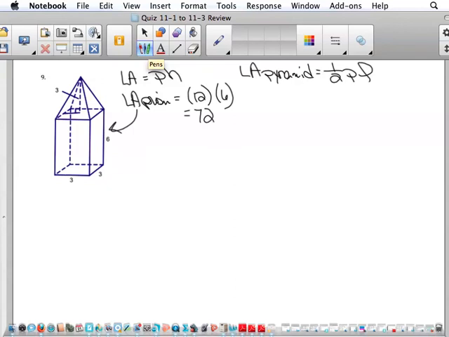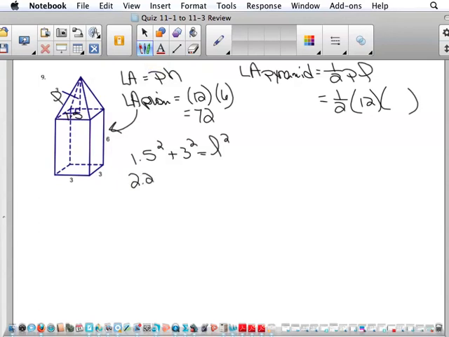Now I will need the lateral area of the pyramid, so that's 1/2 the perimeter, which is 12, times the slant height, and that part I don't have. If the length of a side is 3, this is half of it, so this is 1.5. So I'll use the Pythagorean theorem. 1.5 squared plus 3 squared equals the slant height L squared. This is 2.25 plus 9 equals L squared.